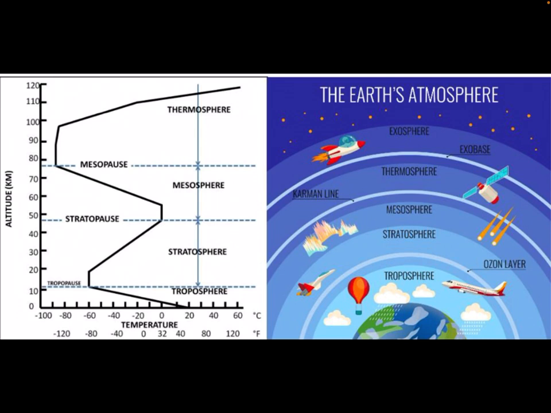The troposphere is the lowermost layer of the atmosphere, and it extends from 0 to about 13 kilometers on average.